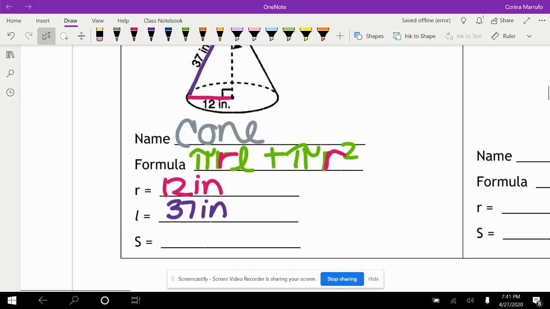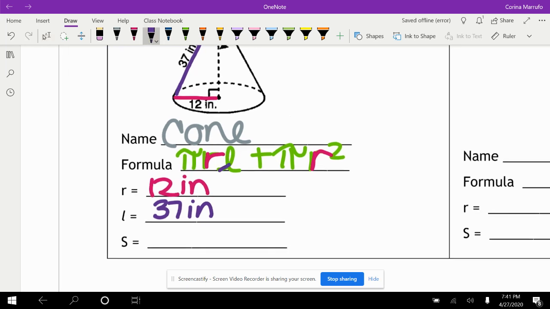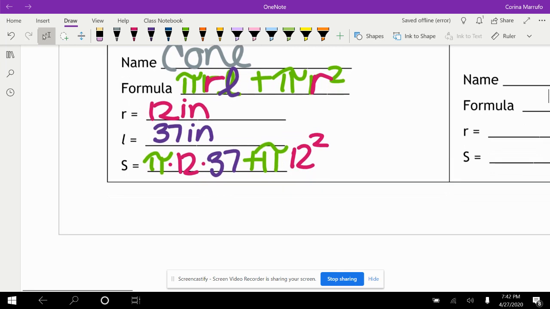And then I believe that's all we need. So we're ready to plug these numbers in. We have pi. We know our radius is 12, so pi times 12. We know our slant height is 37 plus pi, and then our radius is going to be 12 again, and we're going to square it. Okay, so I'm going to also leave this one in terms of pi.